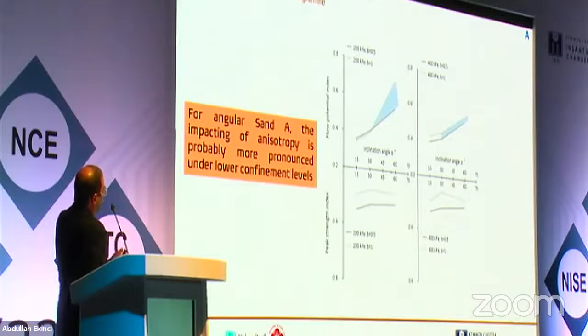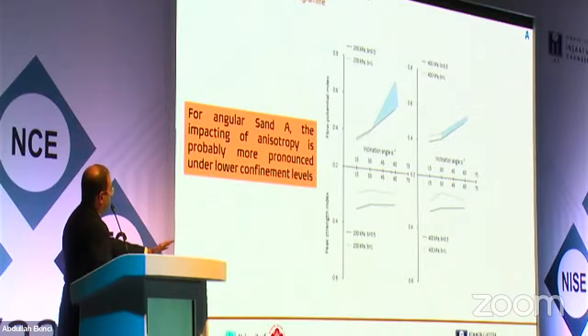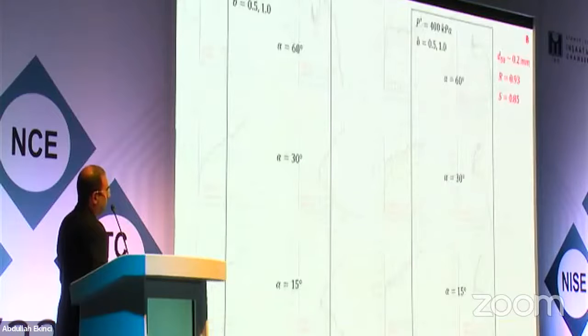You will see that this gap again begins to close down as we move from a lower confinement to a slightly higher confinement. That ties in with what we saw earlier in the Seaview suite of test results. And that was for sand A, which is angular and the same size as B.